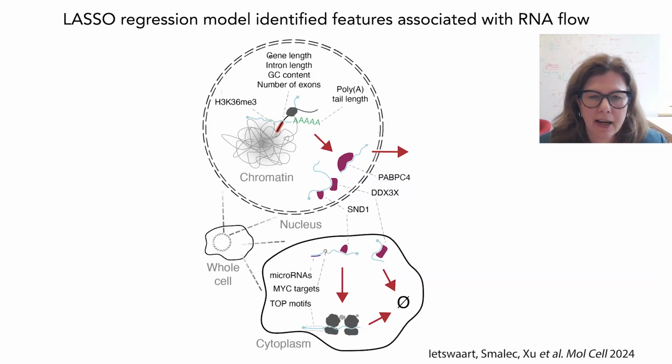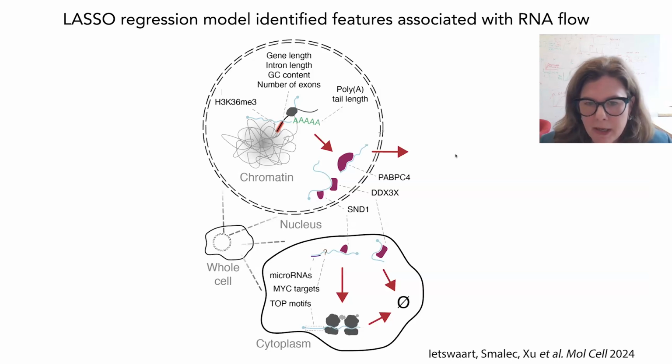We saw gene length, unsurprisingly, was important for the amount of time that RNAs spend on chromatin. Same with intron length, the number of exons. We saw a relationship between poly A tail length and persistence time on chromatin. And we saw a relationship between a variety of RNA binding proteins, as well as microRNA sequences.